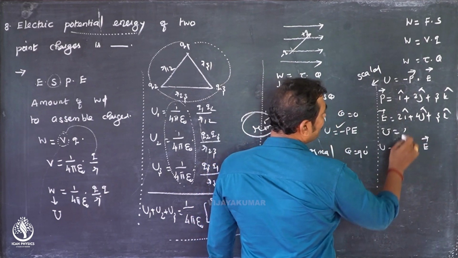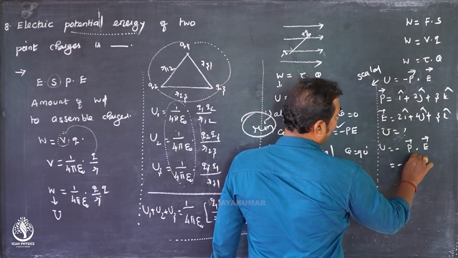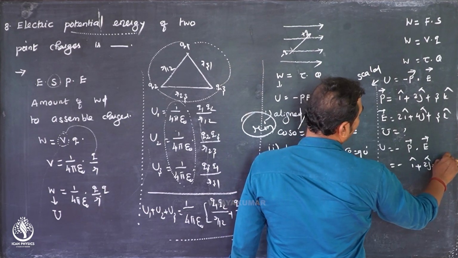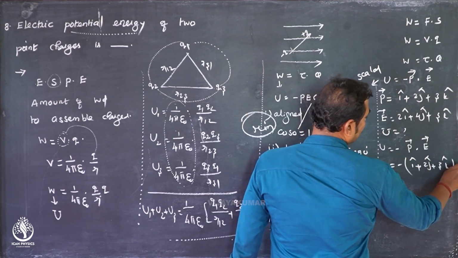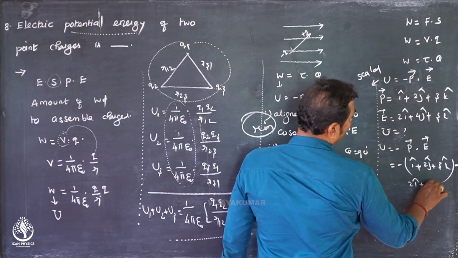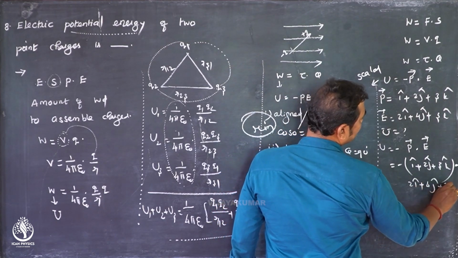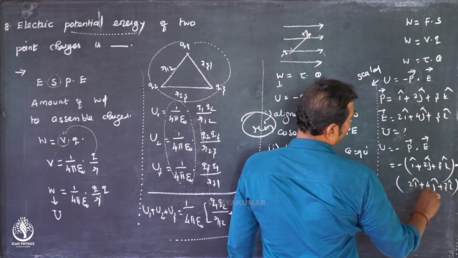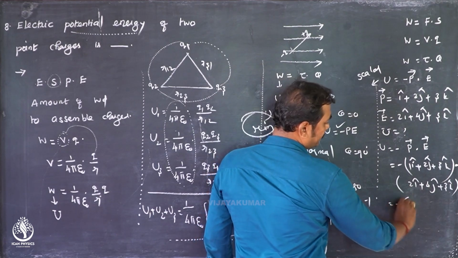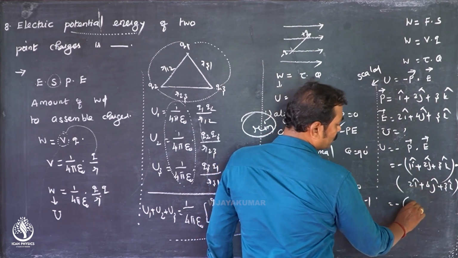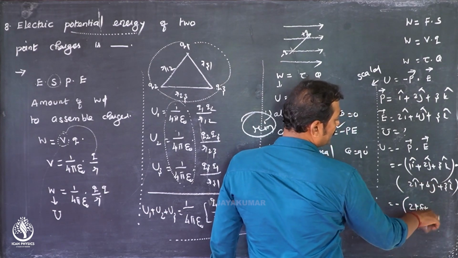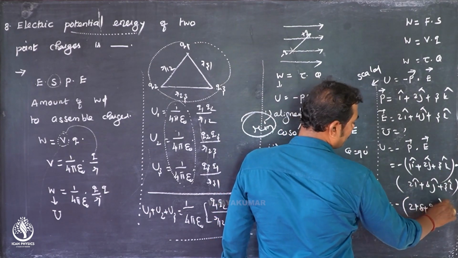So minus of (i cap plus 2j cap plus 3k cap) dot (2i cap plus 4j cap plus 3k cap). 1 into 2 is 2, 2 fours are 8, plus 3 threes are 9.